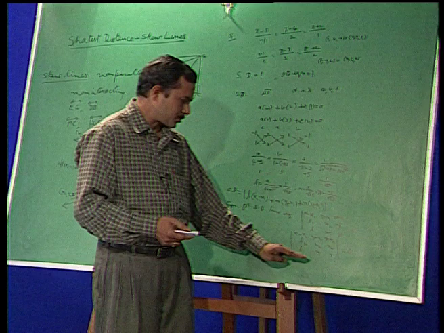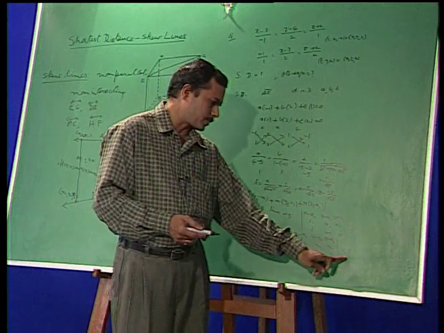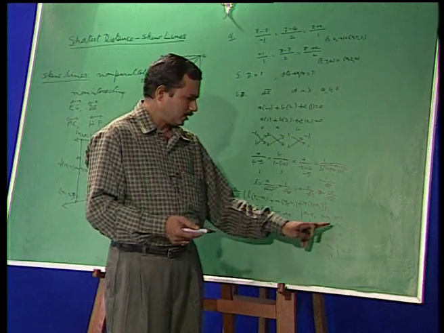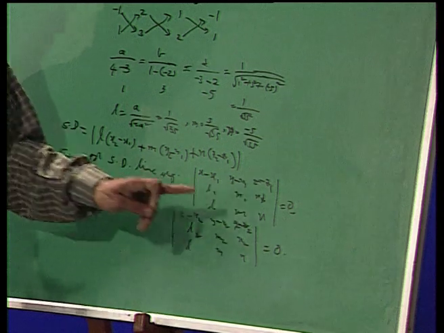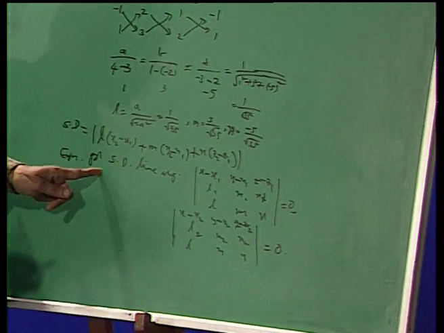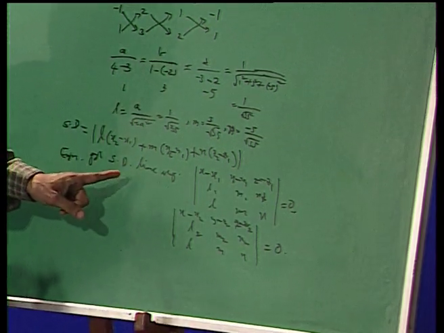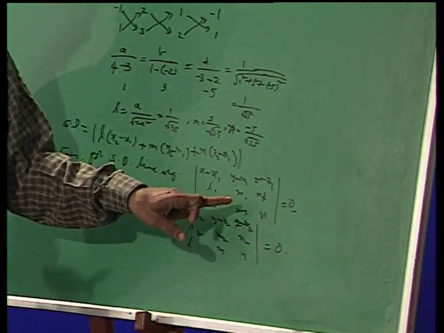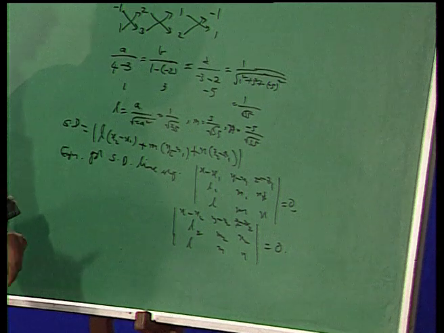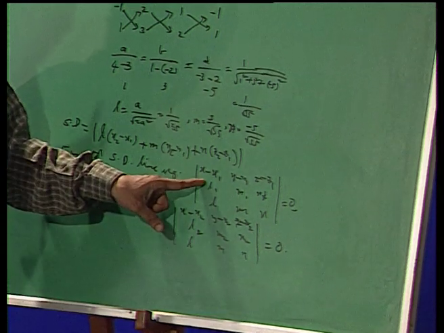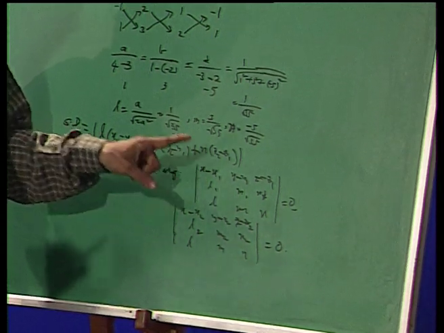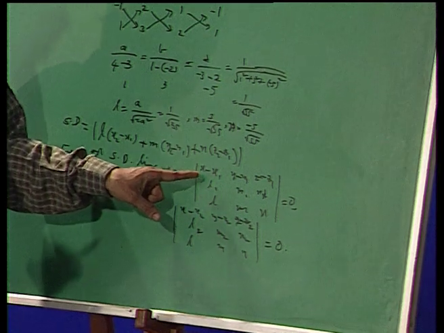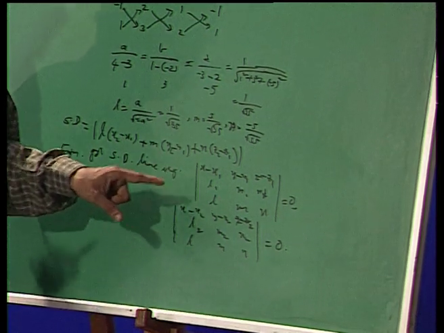Now, once we substitute these values, this also represents a plane and the intersection of these two planes gives us the equation for the shortest distance line segment. In fact, this first equation is the equation of the plane which passes through the first line and also contains the shortest distance line segment.